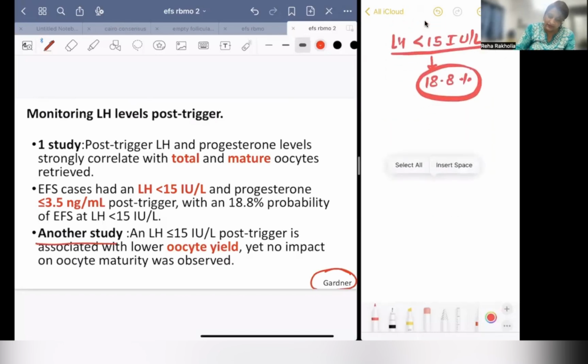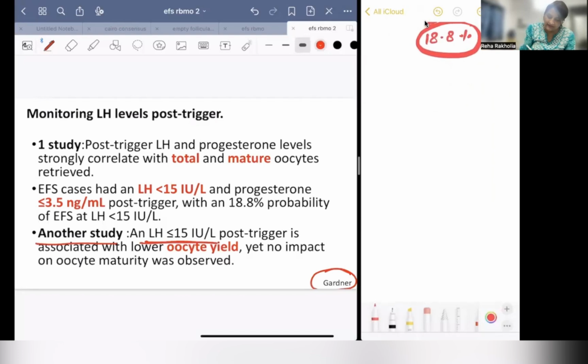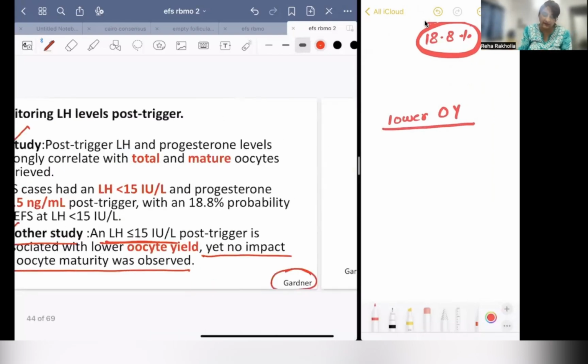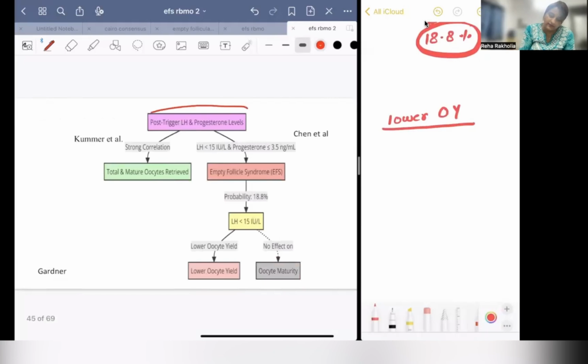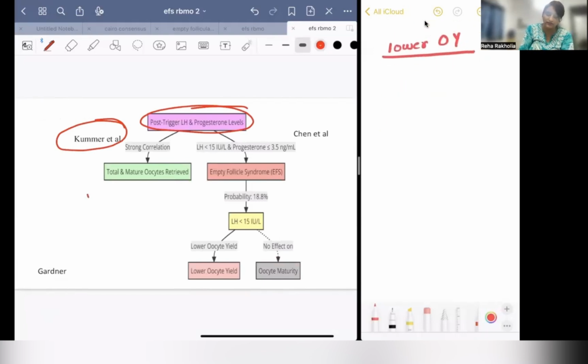And another study showed that LH less than 15 international units per liter post trigger is associated with lower oocyte yield, yet no impact on oocyte maturity was observed. This was one study and this was another study. This one is Kumar et al., a study which says that there is a strong correlation between post-trigger LH and progesterone level and total and mature oocytes retrieved.